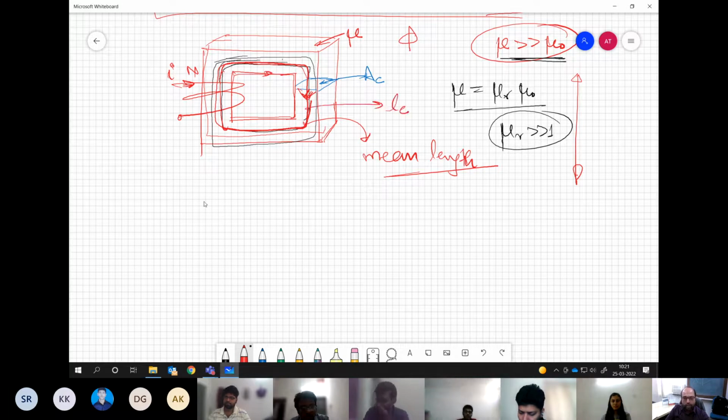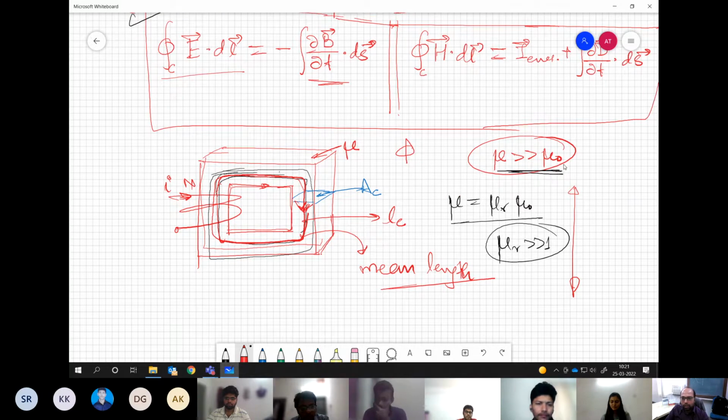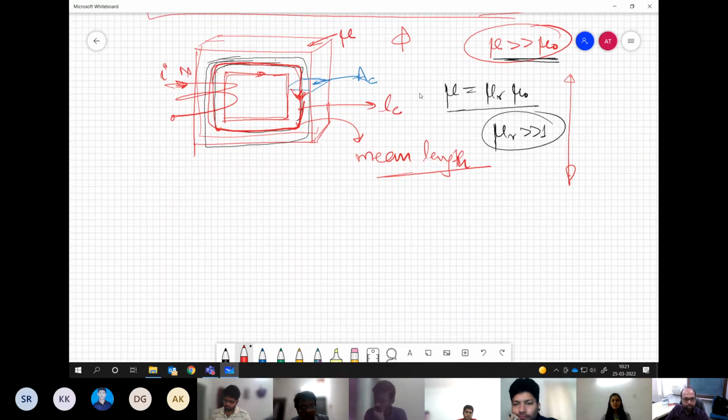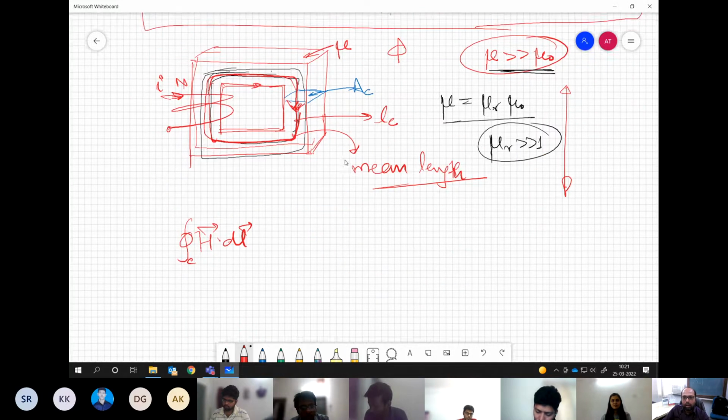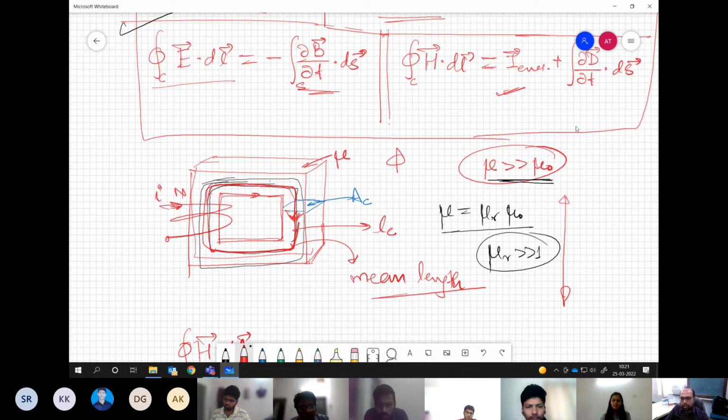Now we put this into the fourth equation, which is for the closed contour, and these integrations are over the surface. So I should mention S, open surface integrations.